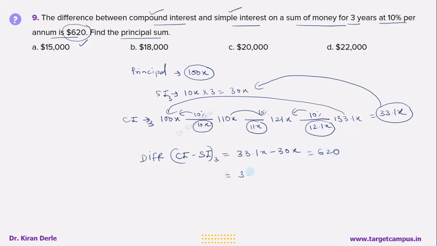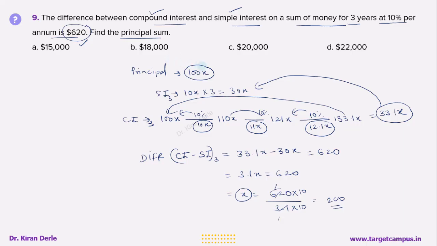So 3.1x is equal to 620, or x is equal to 620 upon 3.1. I can multiply this by 10, this by 10, so the decimal will go out. 31 into 20 is 620, so the value of x is 200.